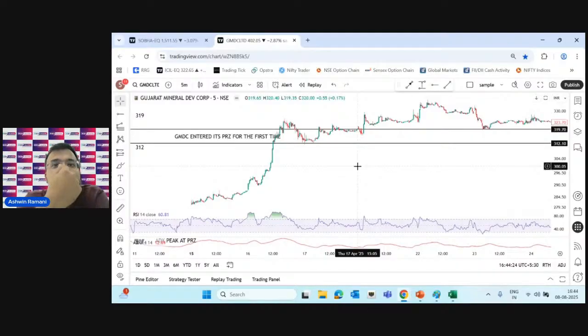But something happened between 16th and 17th, Shankar ji. Between 16th and 17th of April, something happened. What is it that has happened between 16th and 17th? What was the ADX indicating?